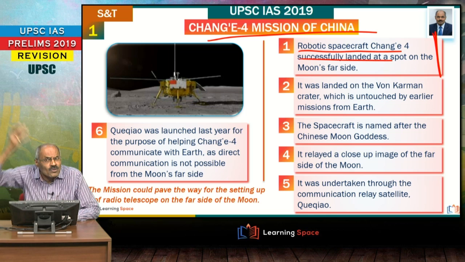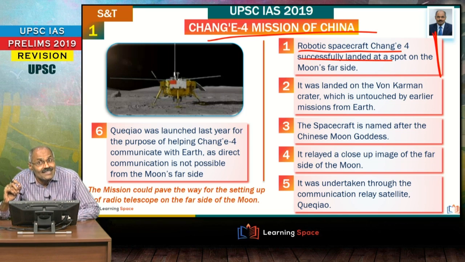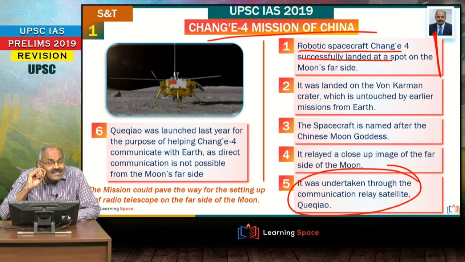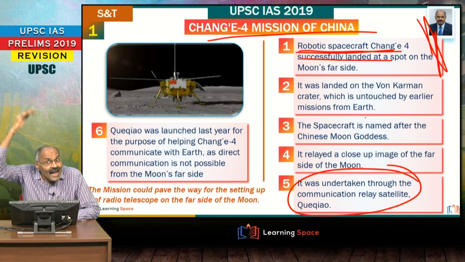And what about communication? There must be some relay communication satellite, and for that purpose they launched Queqiao. This Queqiao is a communication satellite for the robotic spacecraft Chang'e 4, which landed on the other side of the moon.